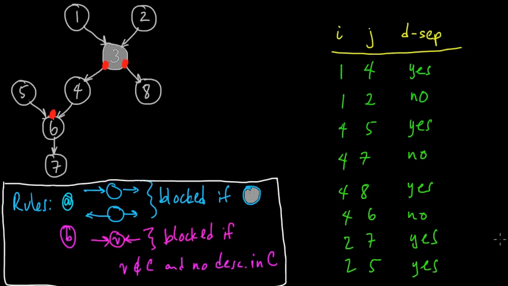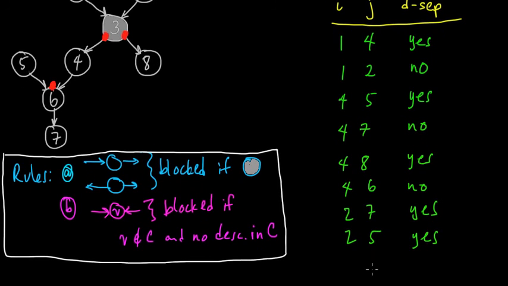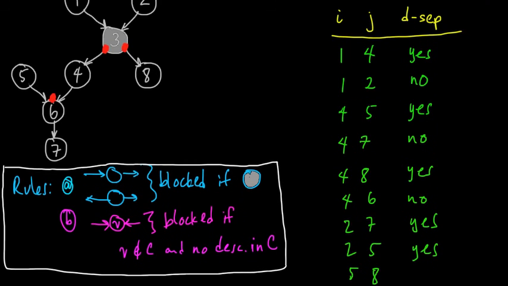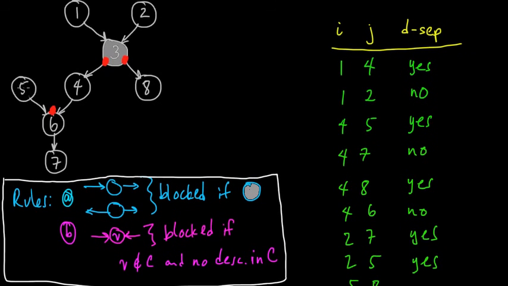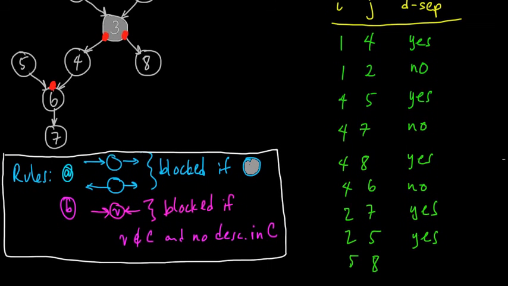So that is d-separated. And let's do one more. 5, 8. That would have to go through this stop sign and these. So that's clearly blocked also. So that's a yes. So that was amazing, right? We were able to just immediately read off these conditional independence properties from the graph.